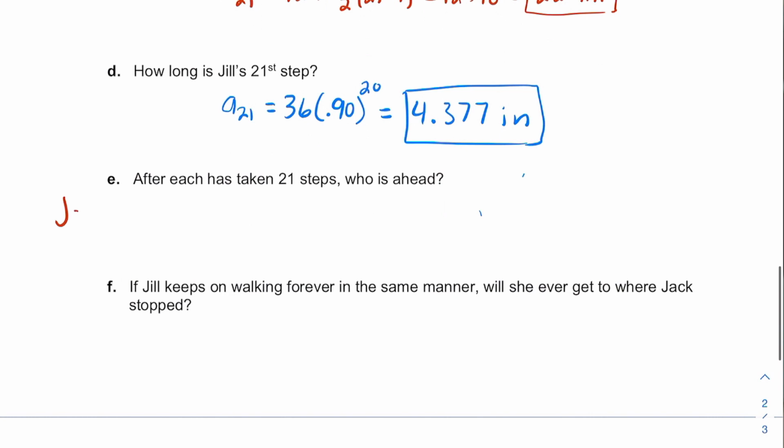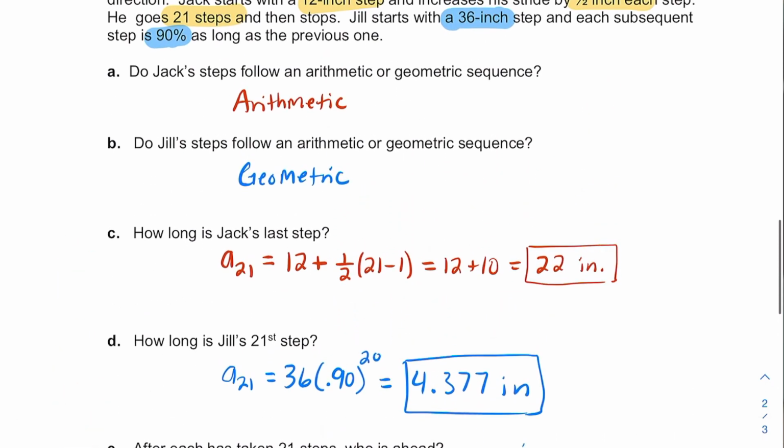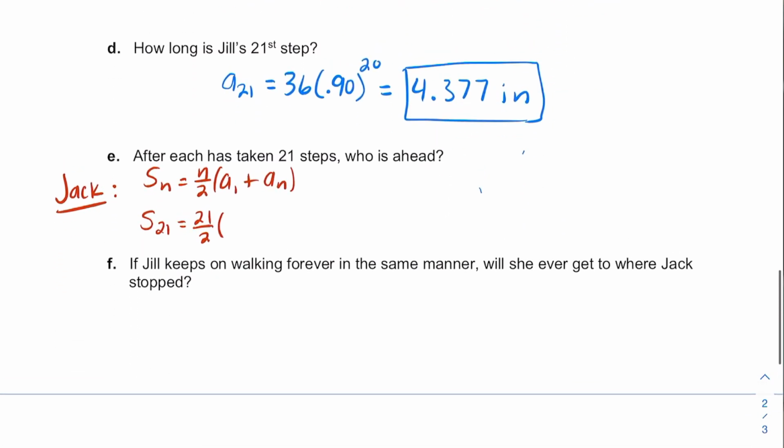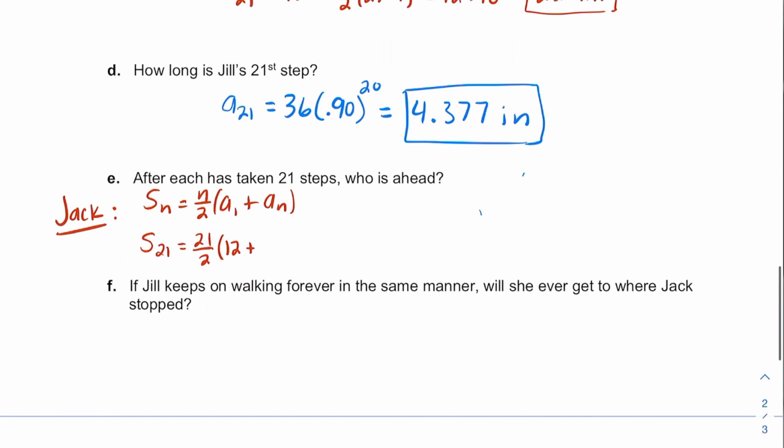So for Jack, since he's an arithmetic series now, I want you to remember that the nth partial sum, this will be the 21st, is n over 2 times the first term, a1, plus the last term, an. So for this case, the 21st term is 21 over 2 times the first term was 12 inches. The first step was 12 inches long, and his last step was 22.